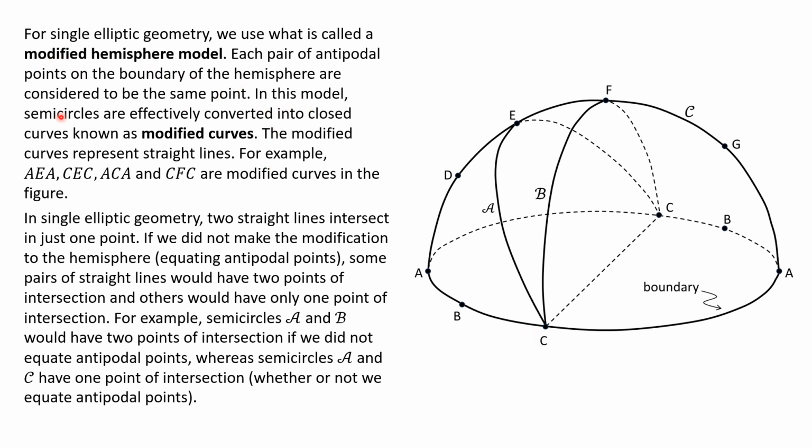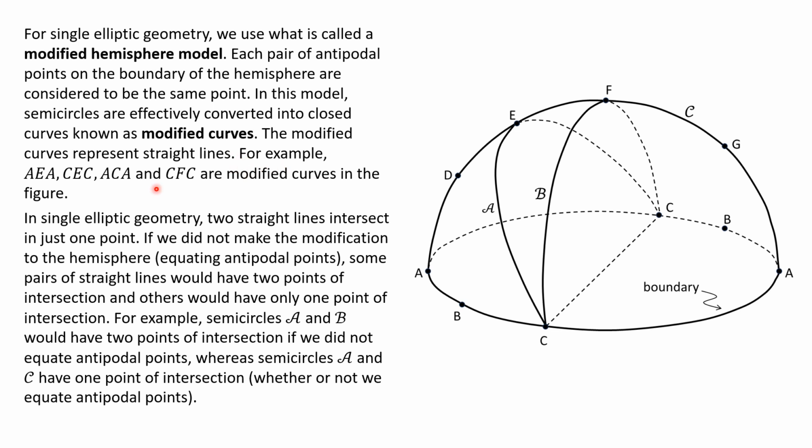In this model, semicircles are effectively converted into closed curves, known as modified curves. So we have A and B. From C to E and then back down to C, that's one modified curve, and that's a straight line. Another straight line would be B, going from C up to the top of the hemisphere down to the same point C. So there A and B are two straight lines.